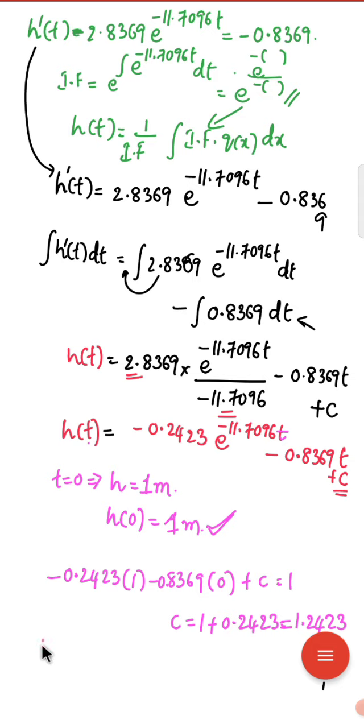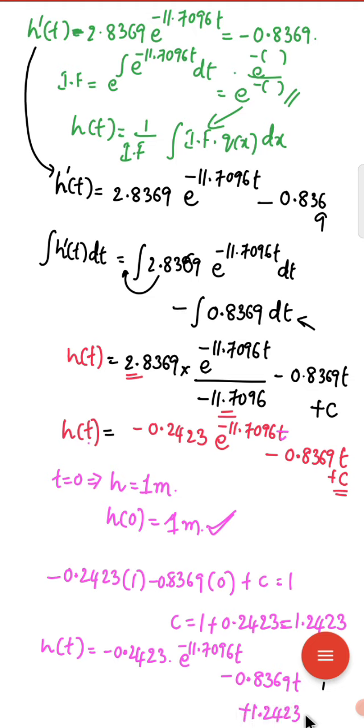So we know h of t is nothing but minus 0.2423 into e to the power of minus 11.7096 t minus 0.8369 t plus 1.2423. Okay, this is the equation.